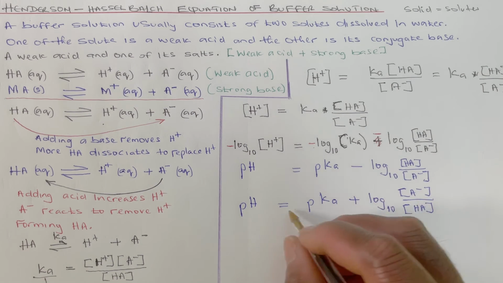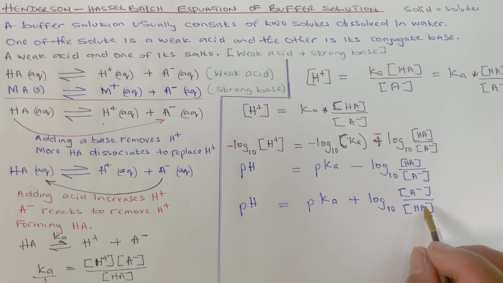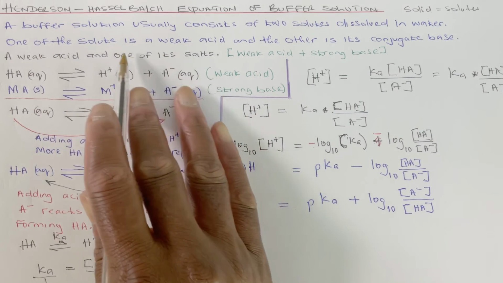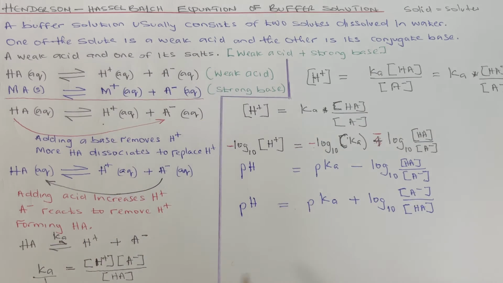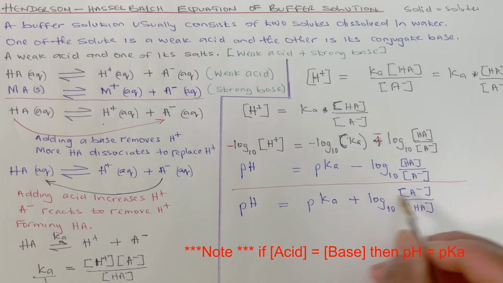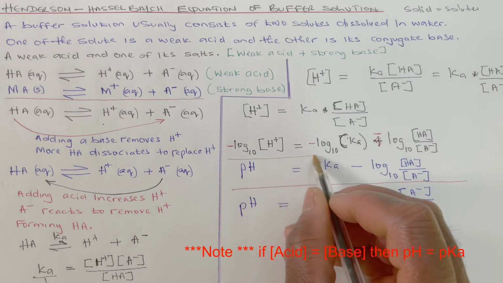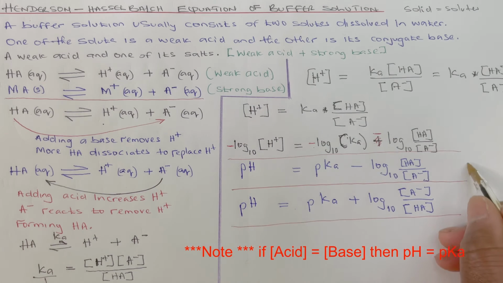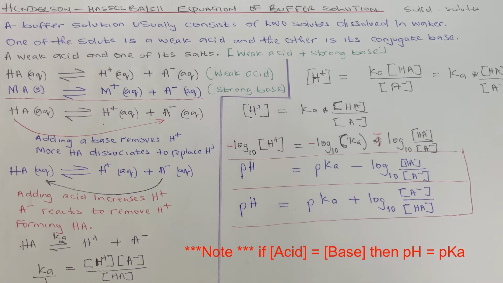Whichever one you like to remember, you can use for the Henderson-Hasselbalch equation. So that's two ways you can write the equation, and you can use either way to find the pH.